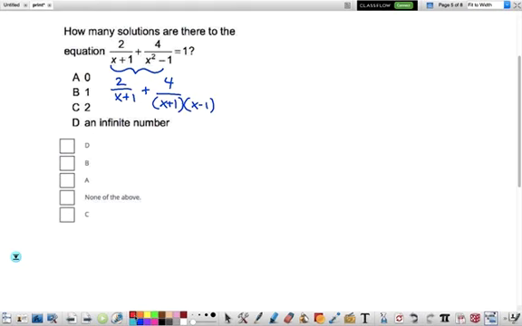And now I see what my special one needs to be: x minus 1 over x minus 1. This is all equal to 1, so don't forget that. We're just making it easier for ourselves.